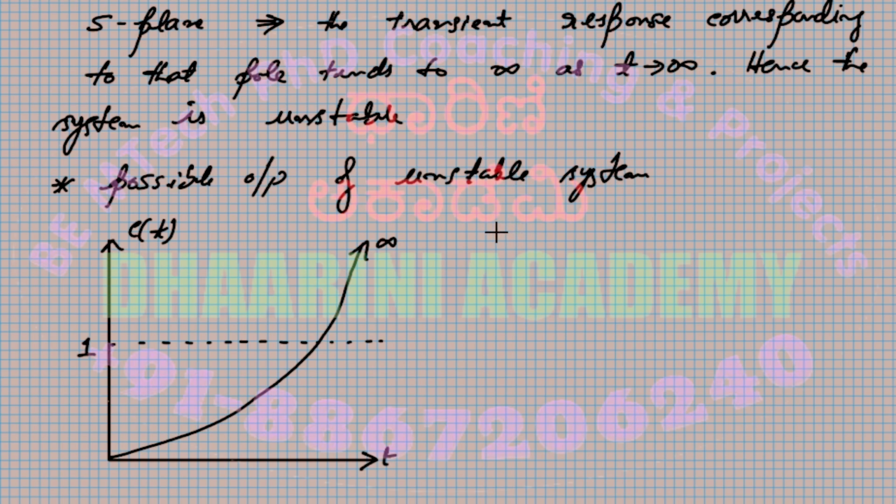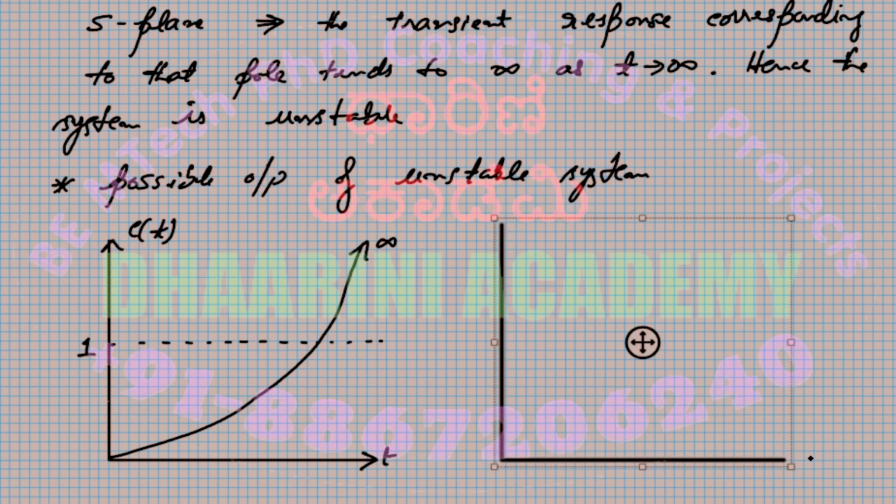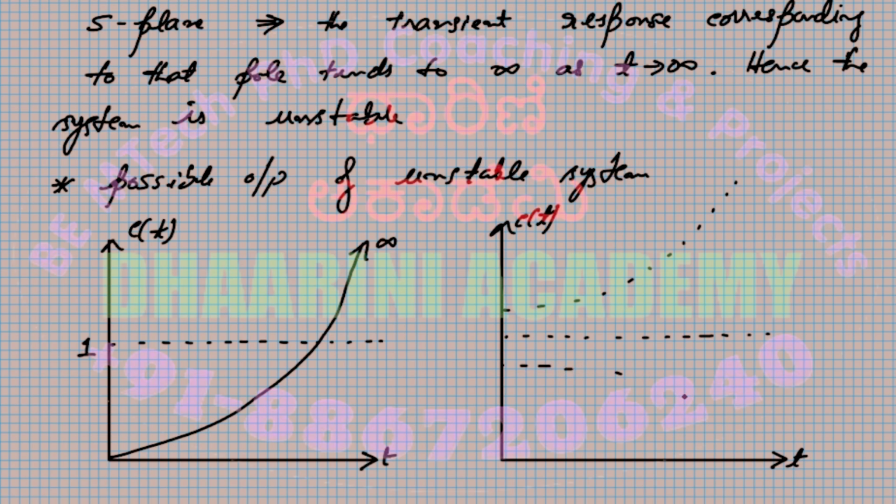We might get another shape of output. T versus C of T. Once again, let me consider this as the expected value of the output. But you see, there may be a term which is exponentially increasing that controls the bounds of your function. So maybe you have something like this.